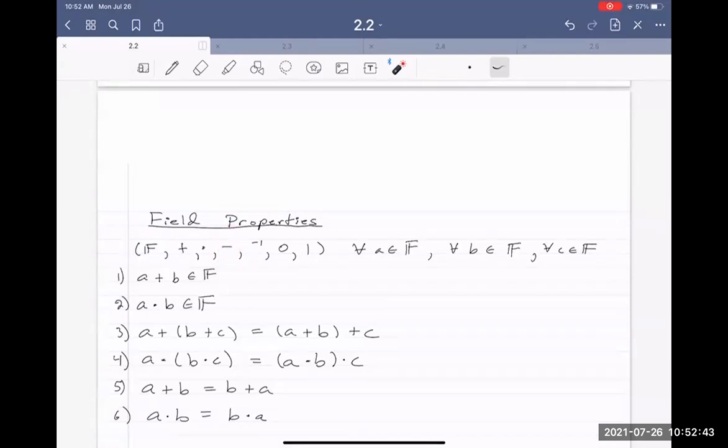Negation, taking the additive inverse, is a unary operator. It takes a member of your field and gives you another member of your field. Similarly, the multiplicative inverse is a unary operator.